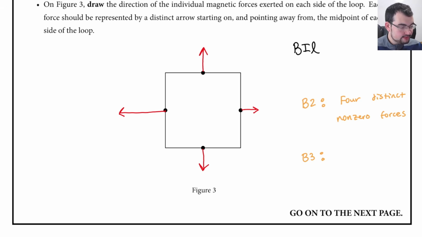And then for B3, let me think about how we get B3. I think B3 had to be FB on the left side of the loop points to the left. I think it had to be contract or some sort of expansive forces.